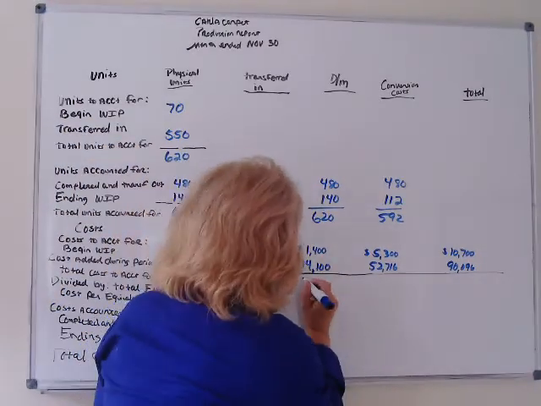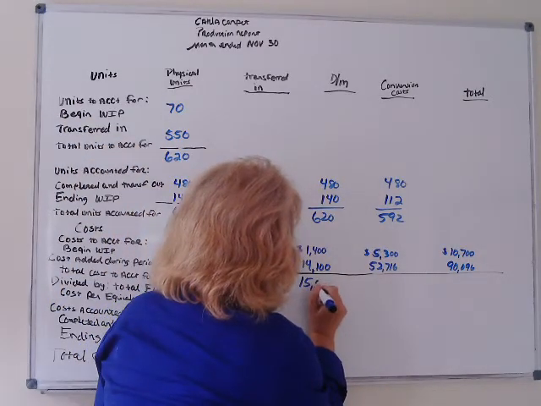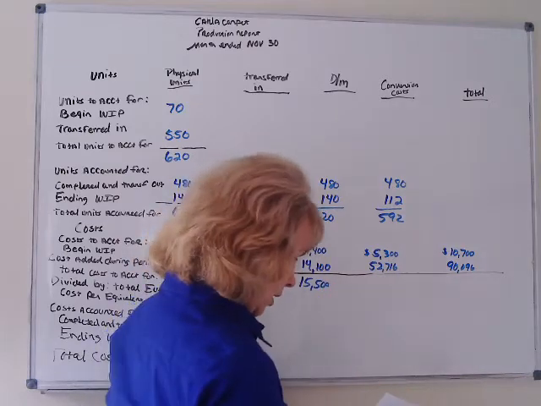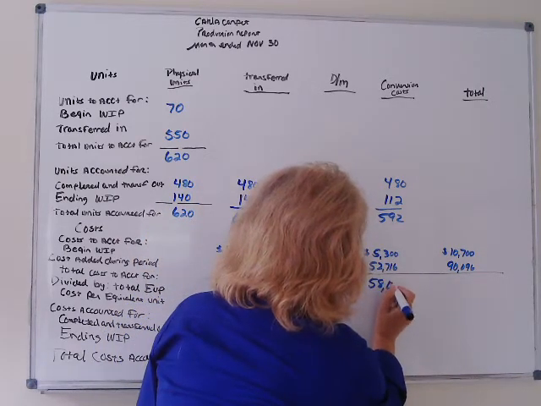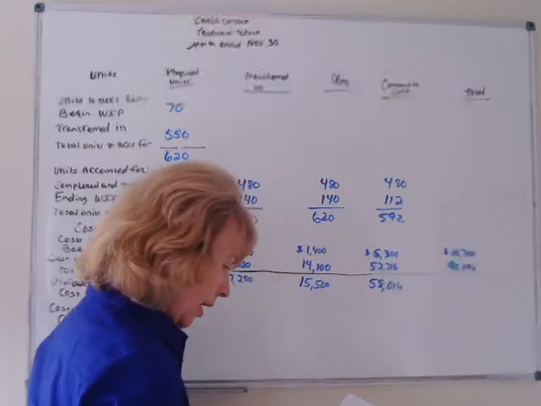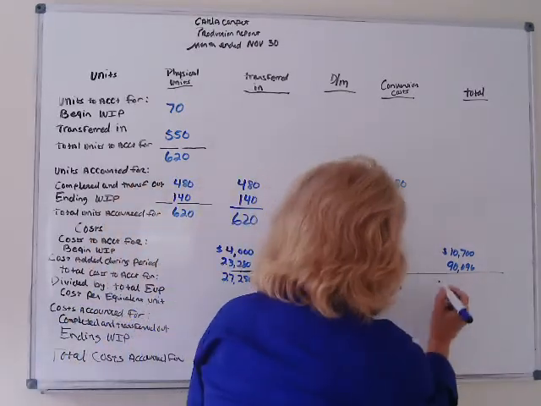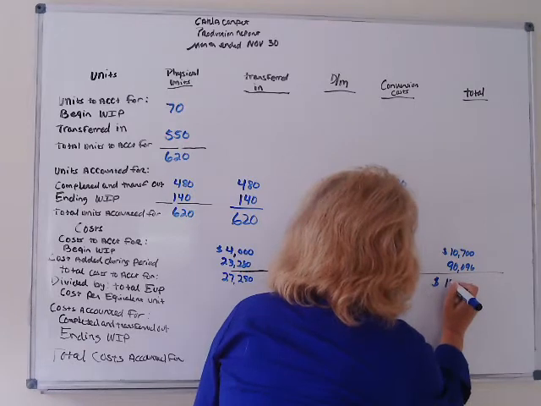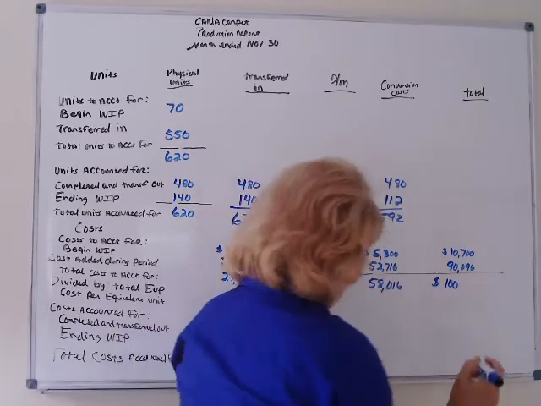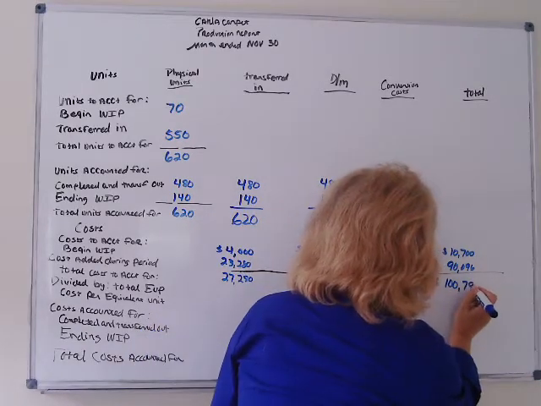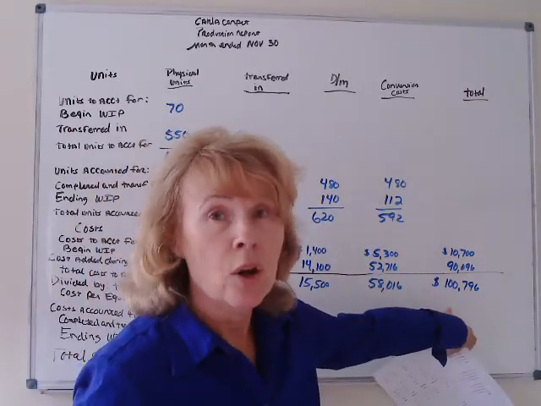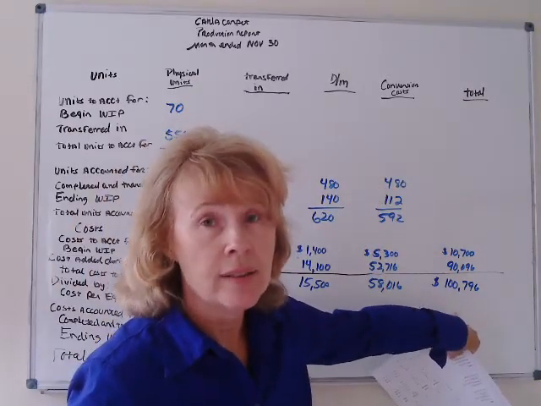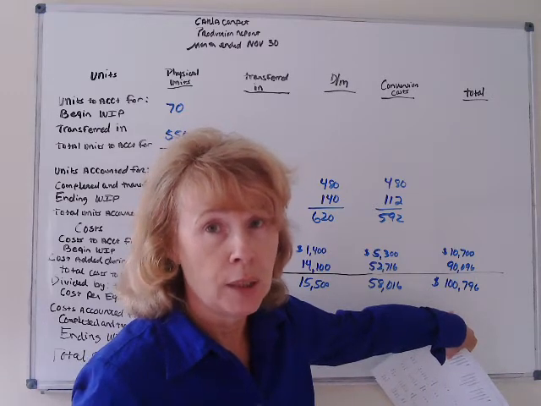I've got 15,500. I've got 58,016. And then my total is 100,796. Let me stop. This is a reconciliation. We have to agree to this exact number or we did something wrong.